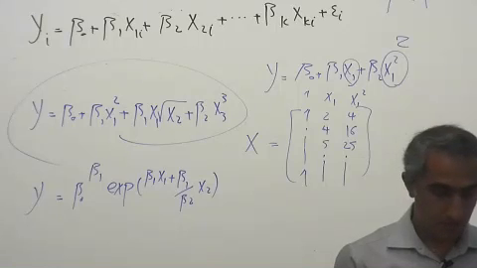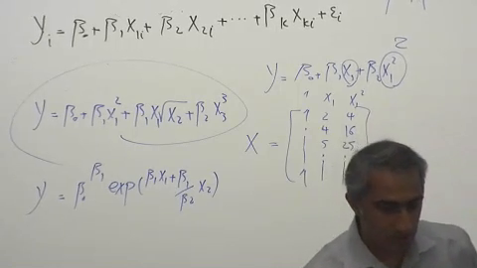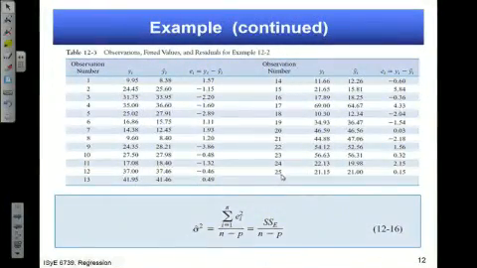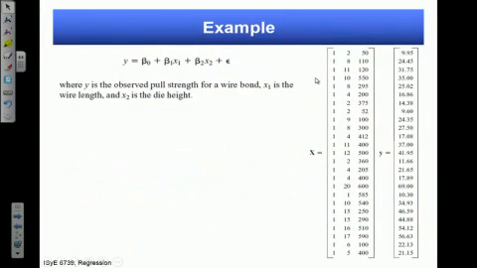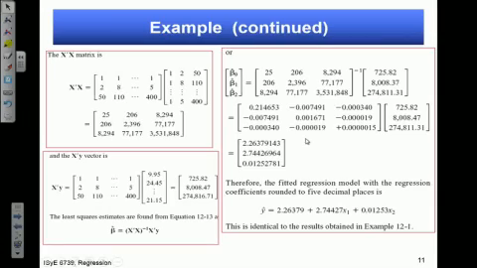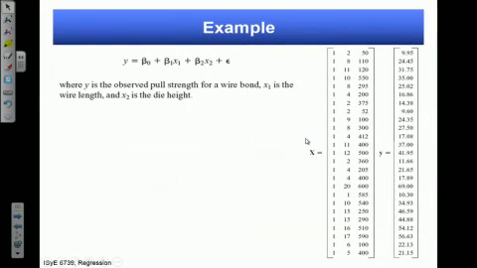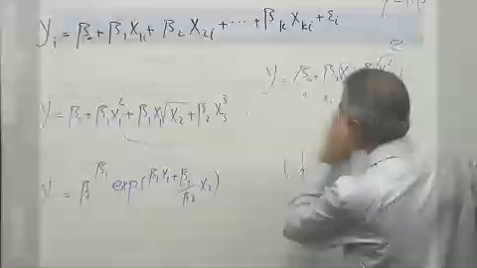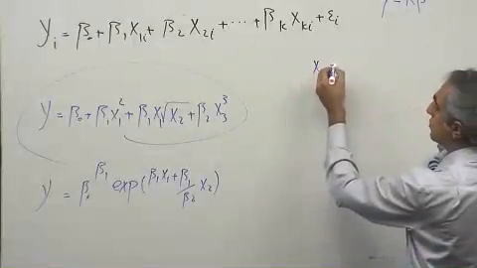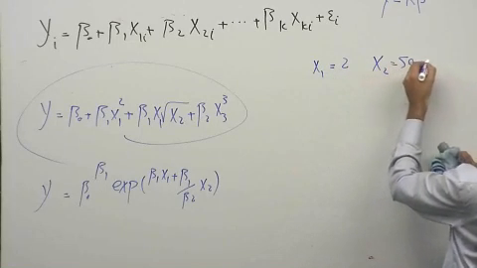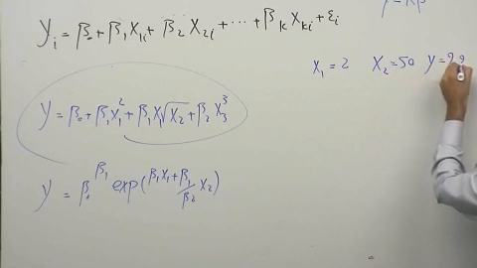So we have 3 minutes. Okay. How can we estimate the variance for this example? Actually, we had 25. N was 25. So what we do, for each observation, we can estimate the prediction. How? For example, let's say the first one is x1 is 2 and x2 is 50 and y is 9.95.